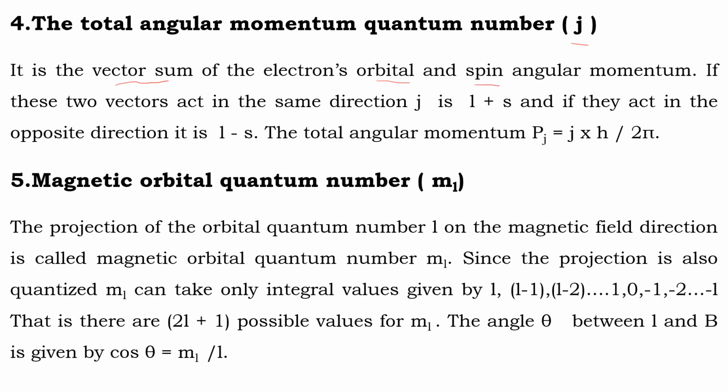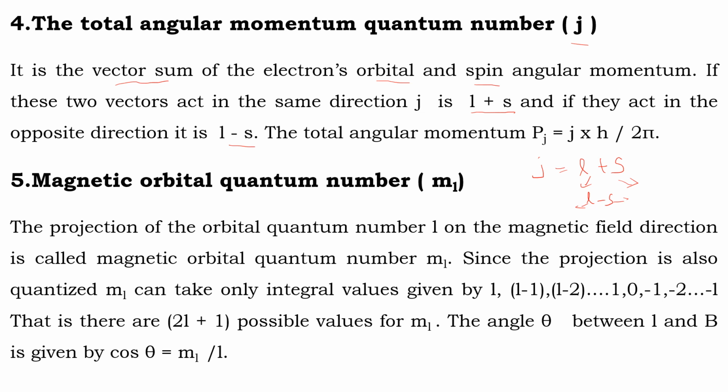That is, if L represents the orbital angular momentum and S represents the spin angular momentum, then the total angular momentum J can be represented as L plus S, or L minus S. L plus S means both L and S are in the same direction, and L minus S means L and S are in opposite directions. The total angular momentum can be represented as Jh divided by 2 pi.